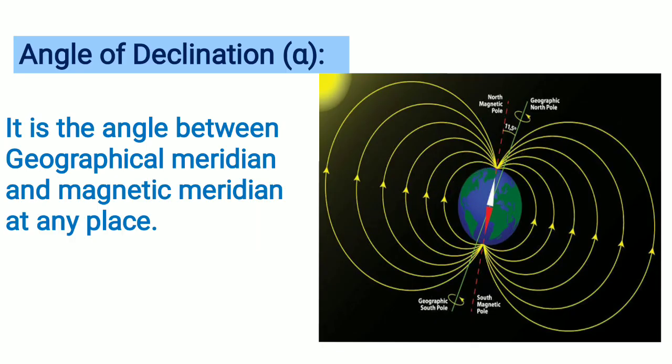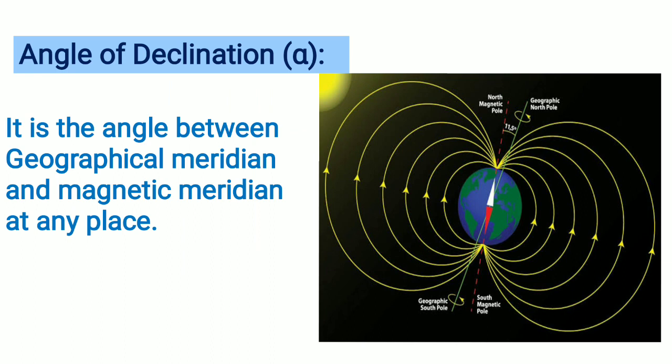See, as you know, the earth is not a spherical shape, but we are considering it as a spherical, geoid shape. We are considering an axis passing through the geographic north and south poles of the earth. In the picture you can see the dotted red line.